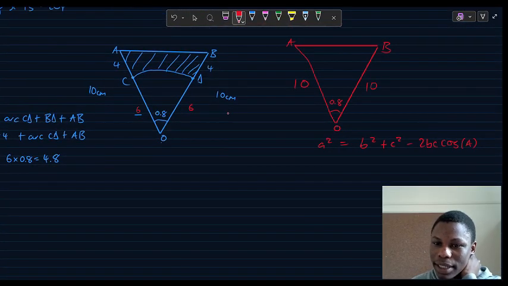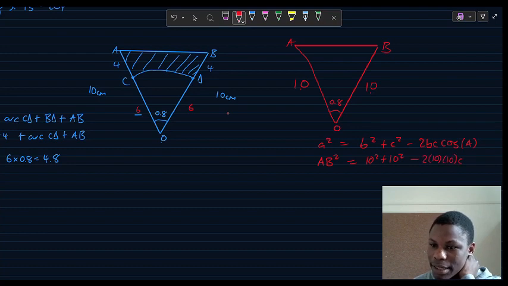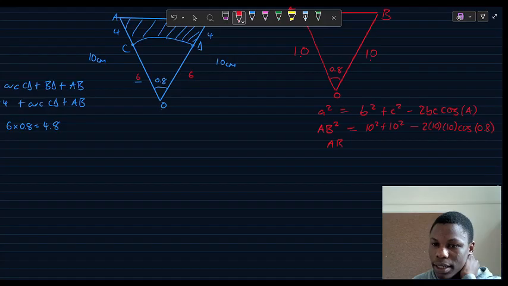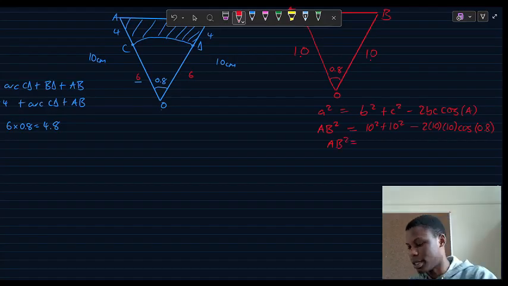And so in our case, that would mean the line AB squared is equal to b squared plus c squared minus 2bc, so 2 times 10 times 10 times the cosine of A. Angle A will be the 0.8. So we have that AB squared is equal to 10 squared plus 10 squared minus 2 times 10 times 10 cosine of 0.8.